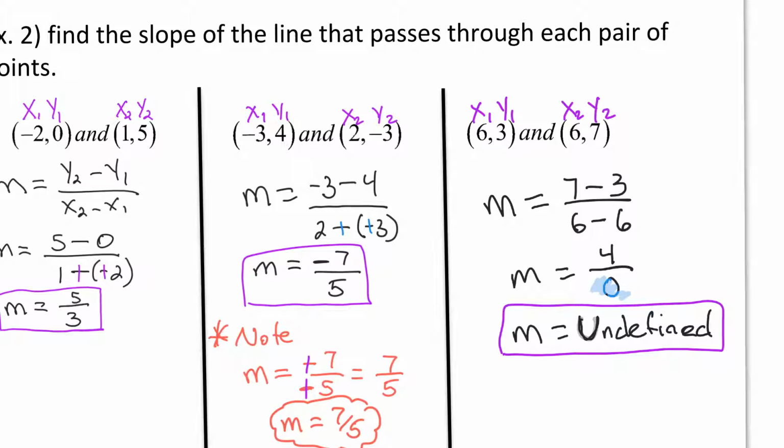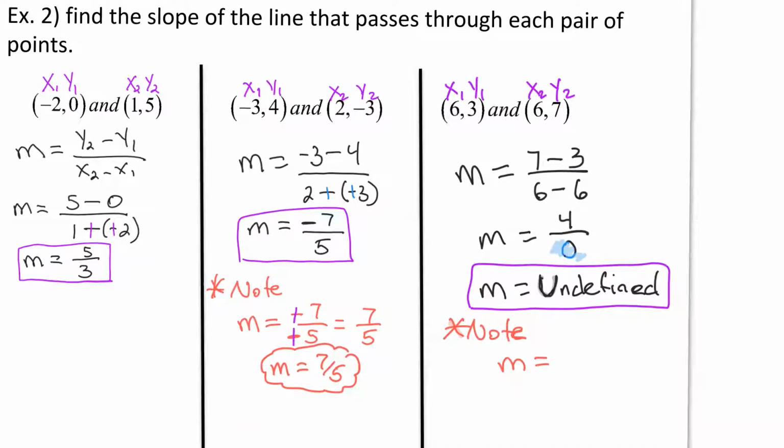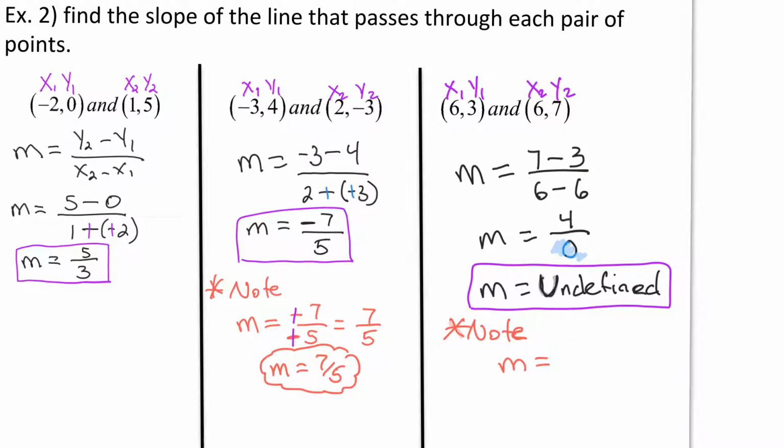Now here's a very important note. One more time. So here's the note, okay? Let's say you get a fraction m equals, and the top number, so this is just an example, you get a 0 on the top, and on the bottom, you get a number. So let me just put number here, okay? Doesn't matter if it's negative or positive.